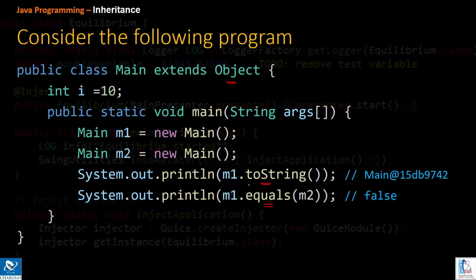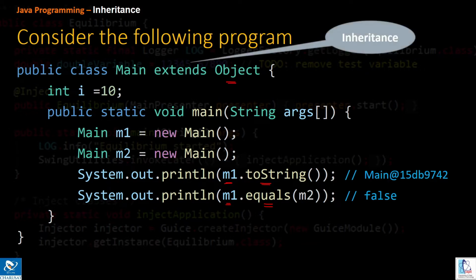The Object class. That's why we can call those two methods with the help of a reference of the main class. The reason is that the main class is extending Object.